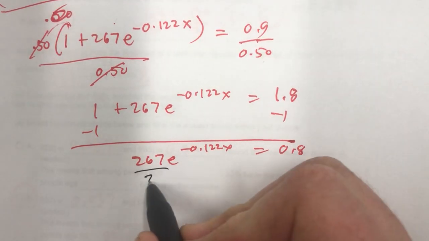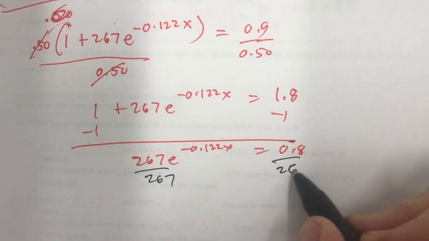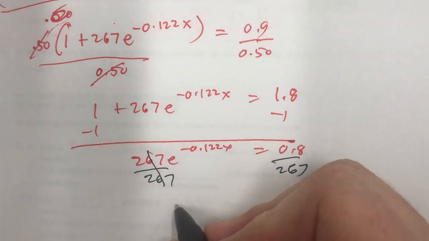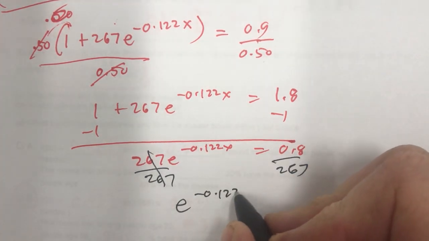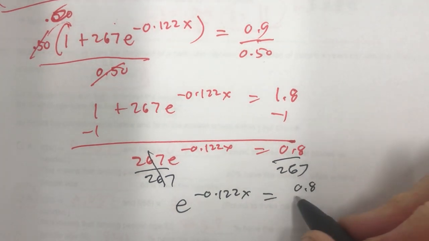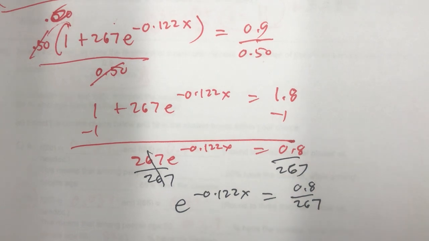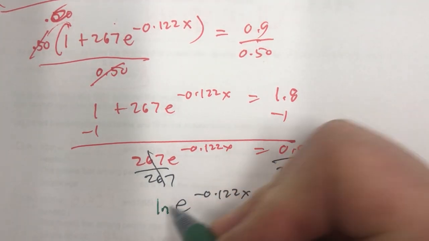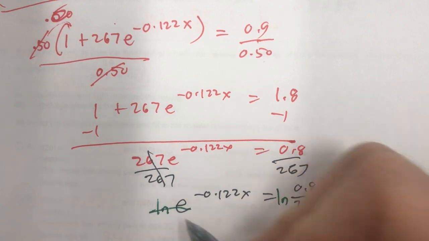Alright, then right here I'm going to divide by 267. That makes this cancel off. And I don't know if that's going to divide very good, so I'm just going to leave it. Okay. And now I've got e to the power of, with my x in it, I need to do a log, which is natural log, because that cancels e.